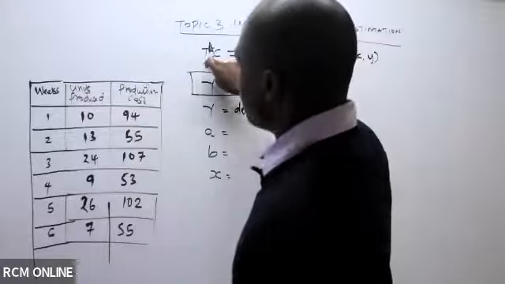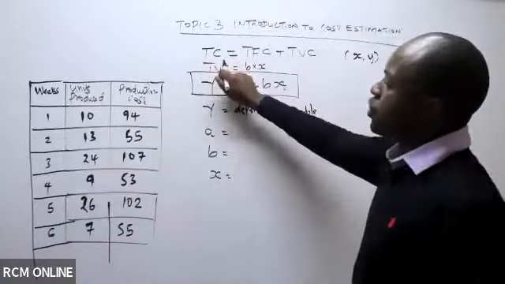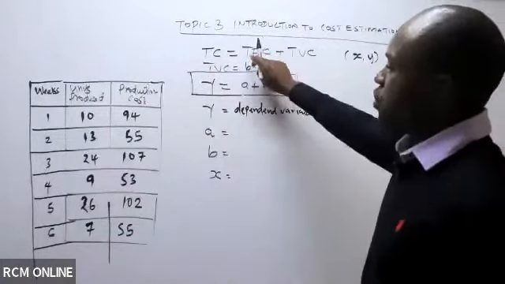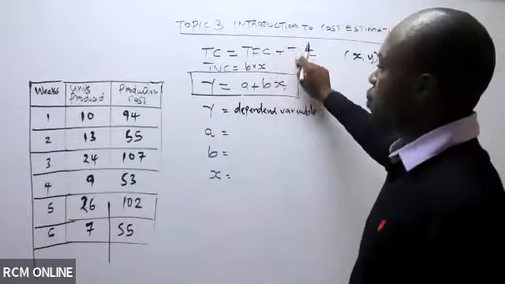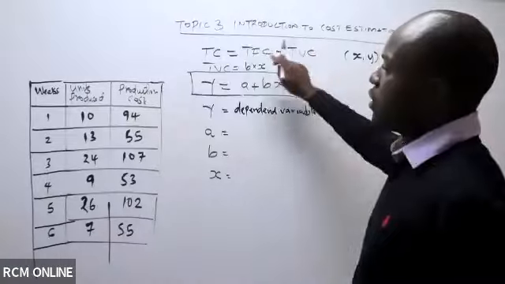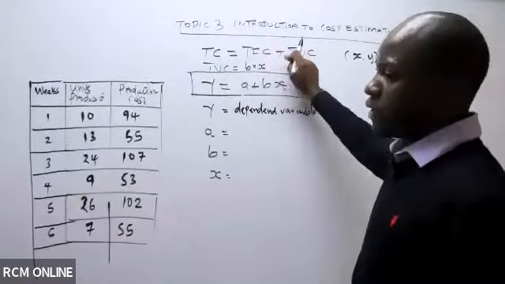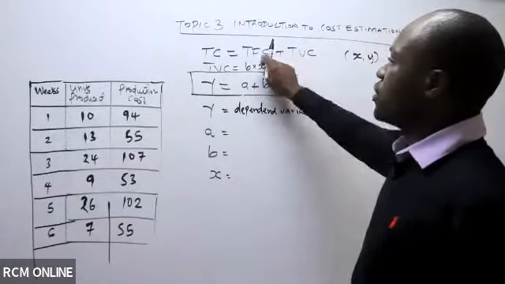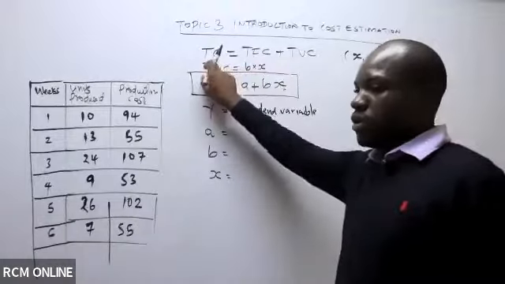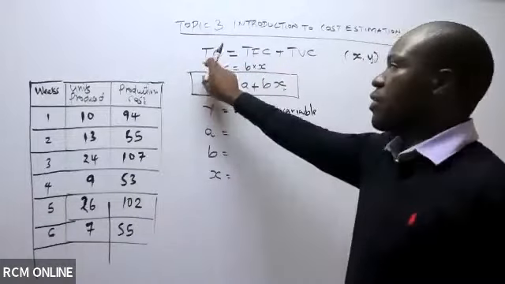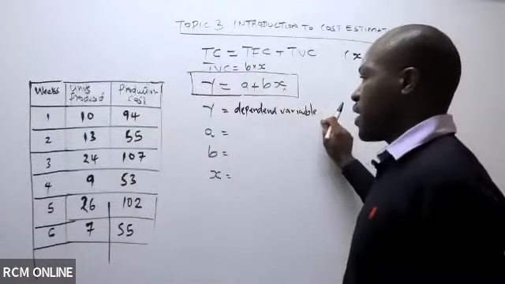You can clearly see from this particular point, our total cost depends on total fixed cost plus total variable cost. Our total cost is the summation of these two. And therefore, without these two, we'll not have our total cost. So we call it dependent variable.